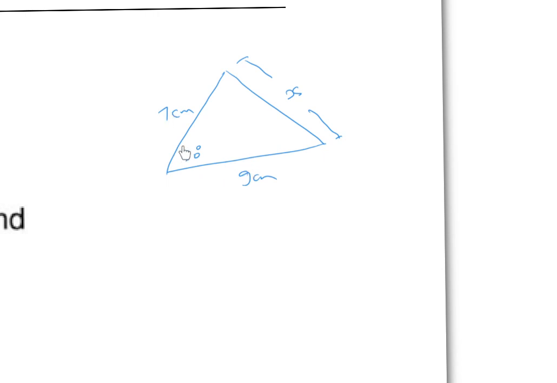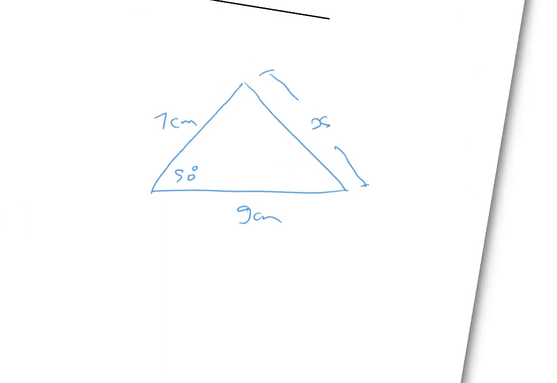How to find x? To find x, x squared equals 7 squared plus 9 squared minus 2 times 7 times 9 cosine the angle in between, cosine 50. After you find the answer, square root to find x.